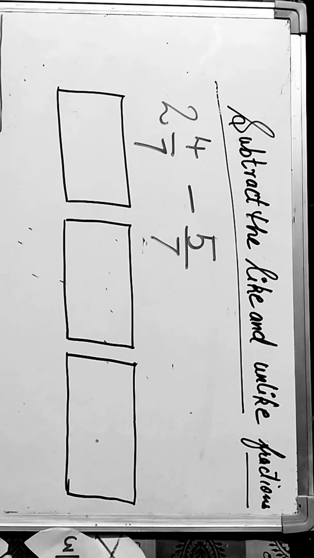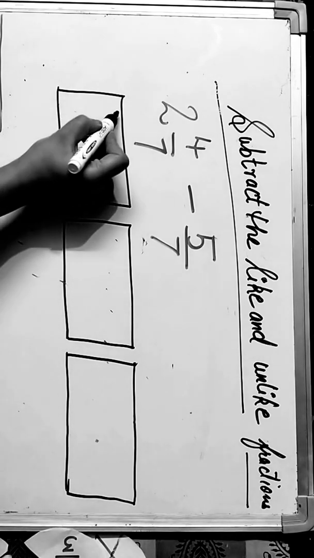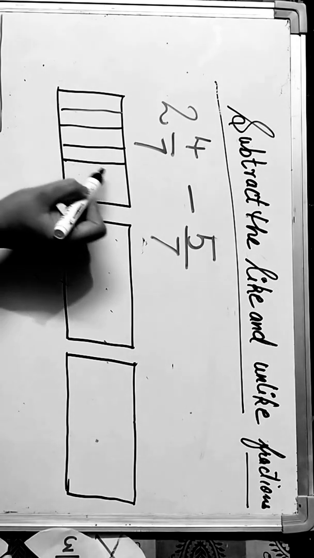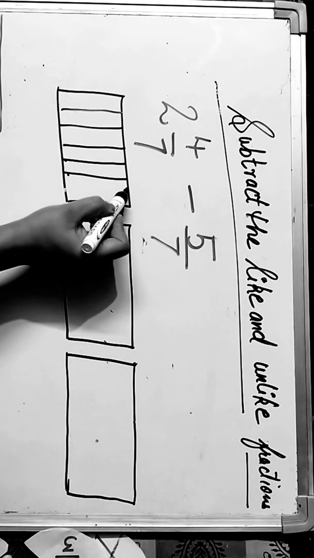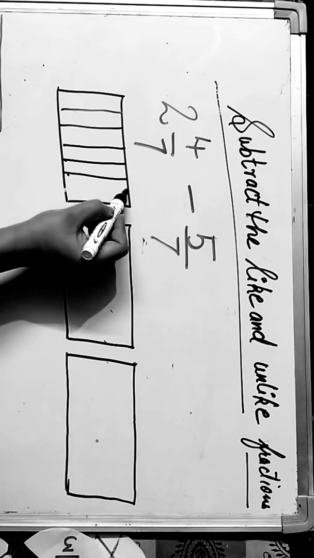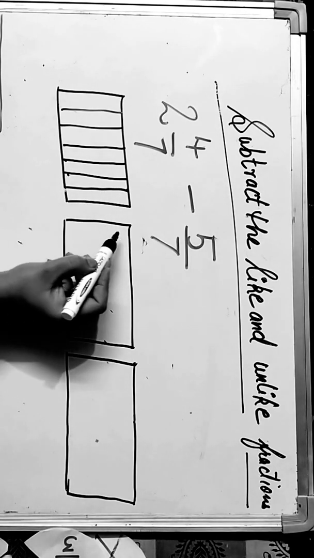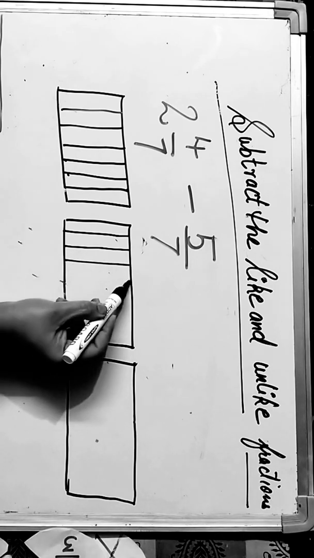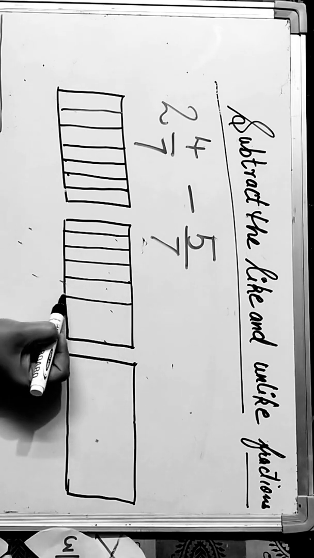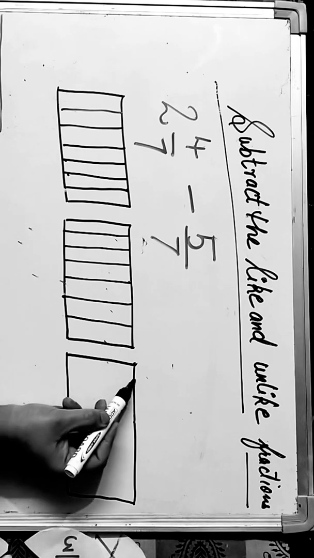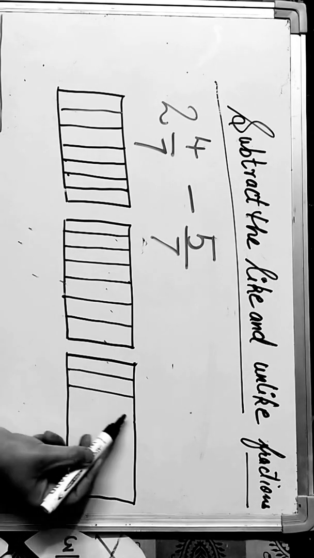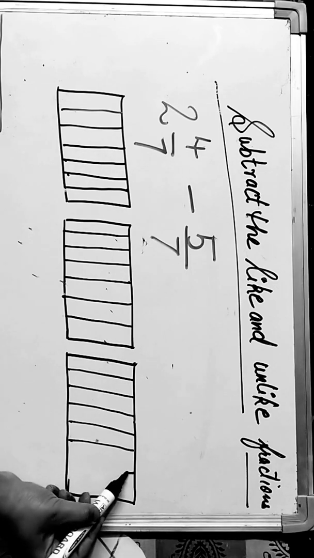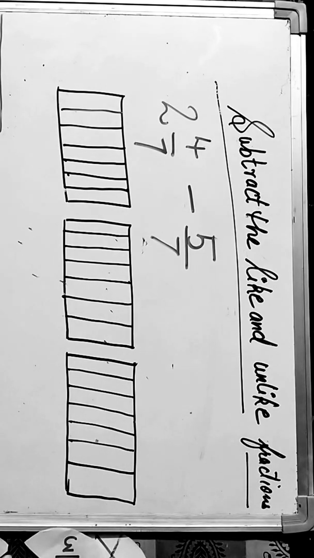I have 1, 2, 3, 4, 5 and 6. Here also I have 1, 2, 3, 4, 5 and 6. Again I have 1, 2, 3, 4, 5 and 6, and obviously these are 7 equal parts.